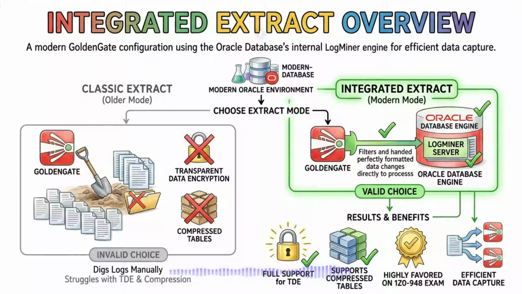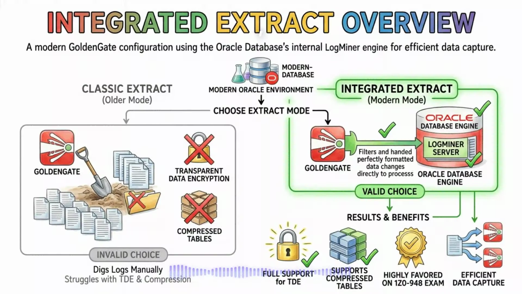This precise orchestration of the initial load and real-time capture allows you to migrate massive databases with zero downtime for your end users. It requires careful planning, a solid understanding of parameter files, and a firm grasp of how Extract and Replicat interact with the database engine.